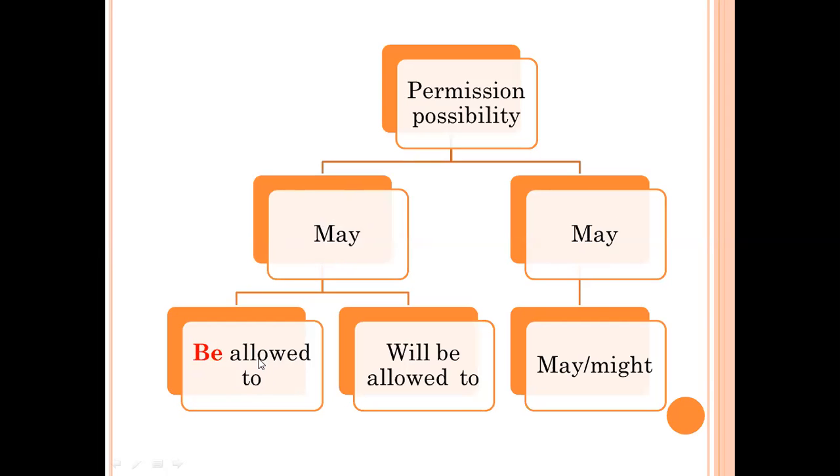Be allowed to can be used in present, past, future, and the other tenses, the same way you learned to use be able to. However, I recommend that when you want to express possibility in the past, use might, right?